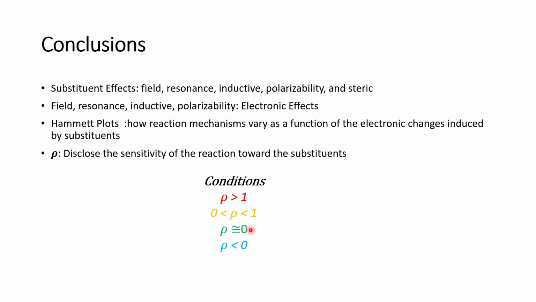This means the reaction is not sensitive towards the substituent. Even though we change the substituent, the reaction rate is similar in all the cases. And finally, we have the negative rho values. This indicates we have a negative slope in the Hammett plot, and this also indicates it's sensitive towards the substituent, but in the rate determining step during the reaction it builds a positive charge.